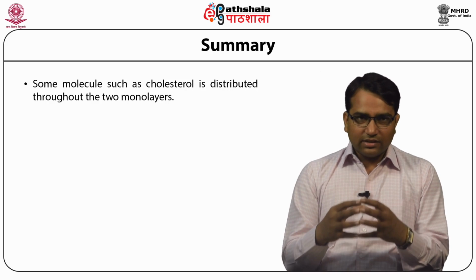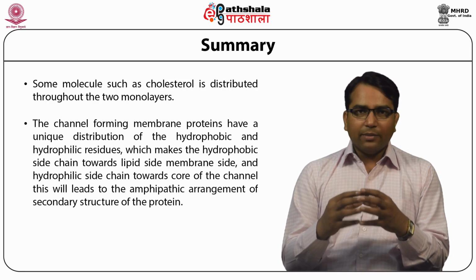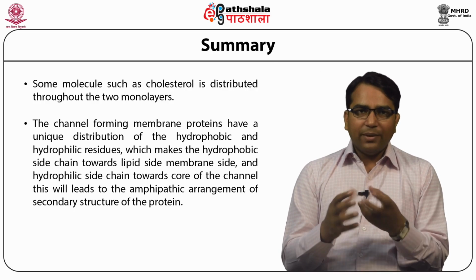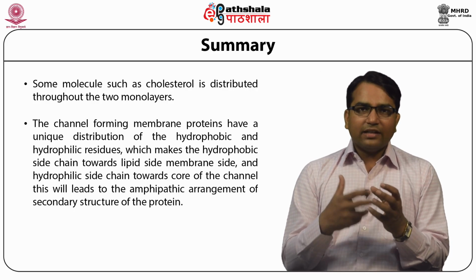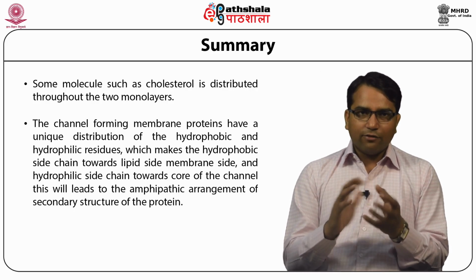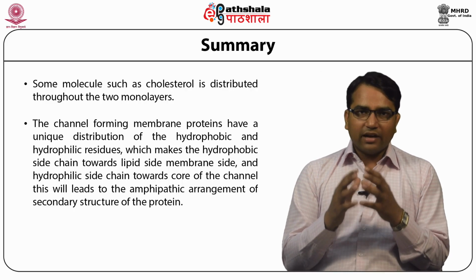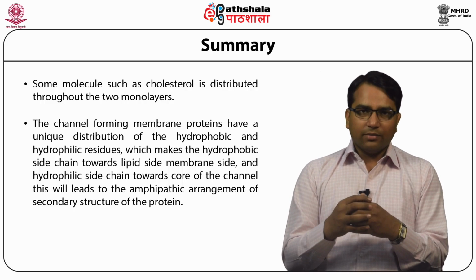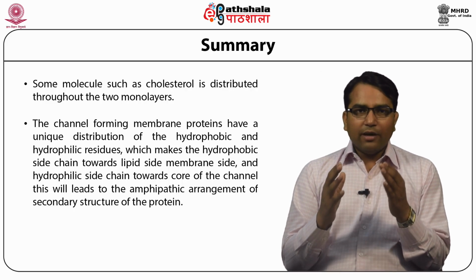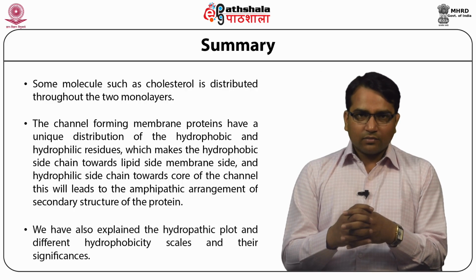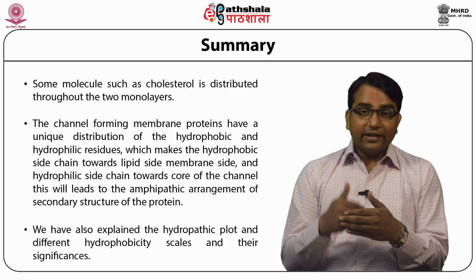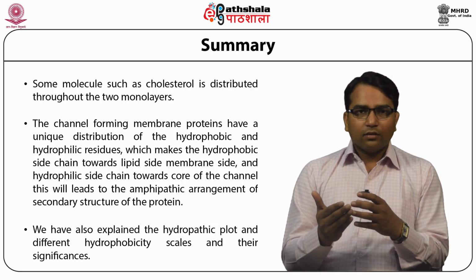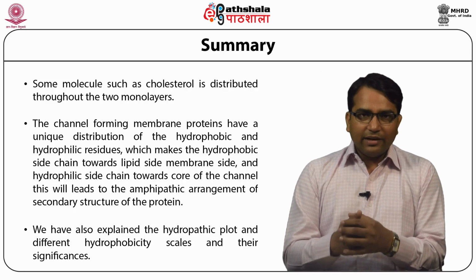We have also discussed channel forming membrane proteins, and how the amphipathicity present in the alpha helix or in the channel forming proteins is important for the transport of molecules across the membrane and their stability in the membrane. In this module we have also discussed hydropathy plots and their significance in determining the fate of a particular peptide in the membrane.